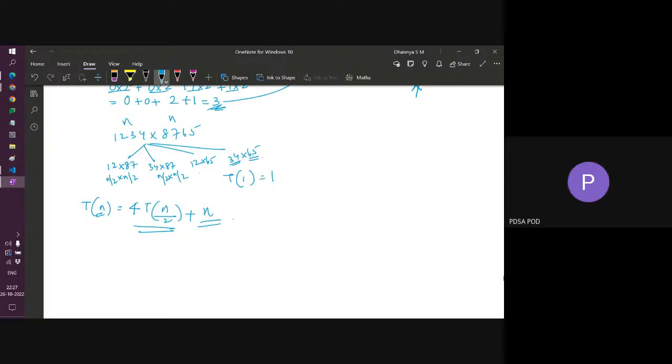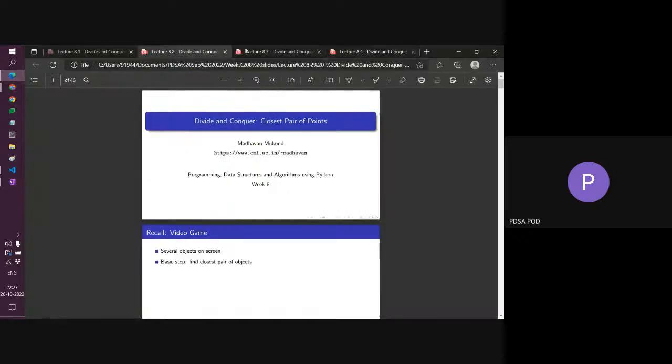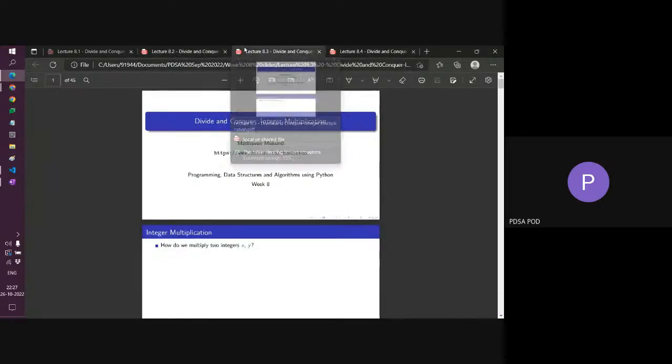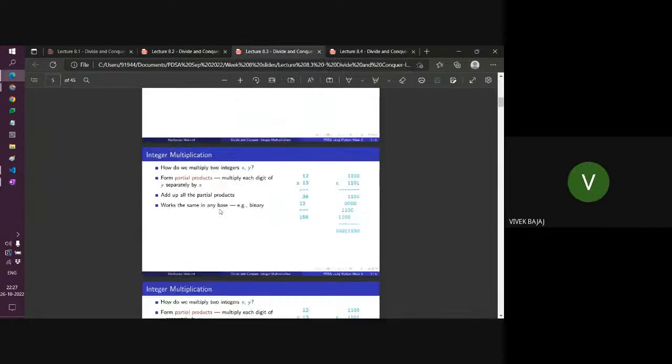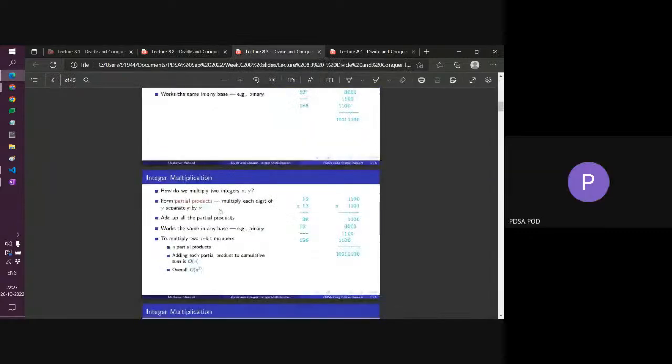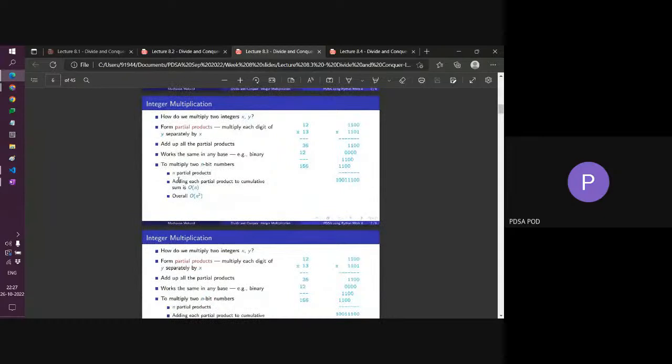Okay. For now, let us just take it for granted that this is n. I will just figure out this n part. Let me just check the lectures. N will be the length of the digit, right, ma'am? That's what I'm a little confused with. In one second. So adding each partial product to the cumulative sum is O of n.